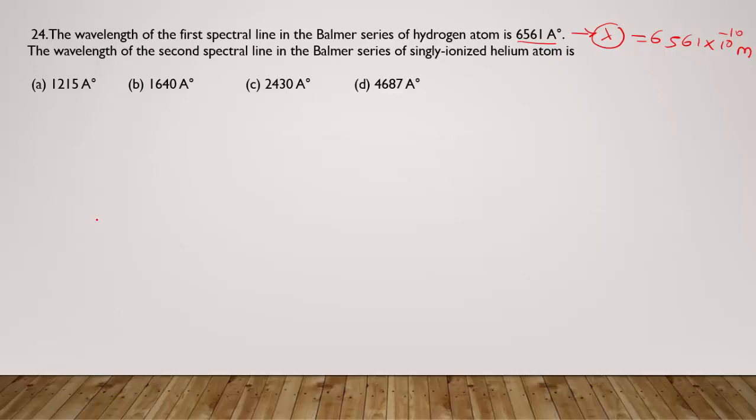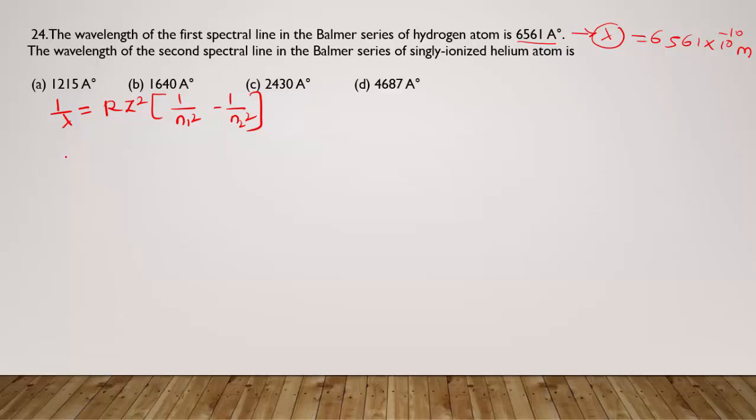We know the simple formula, that is 1 by lambda is equal to R Z square into 1 divided by n1 square minus 1 divided by n2 square. This is the semi-empirical formula. In this formula, the wavelength of the first spectral line in the Balmer series of hydrogen atom is 6561 angstrom.